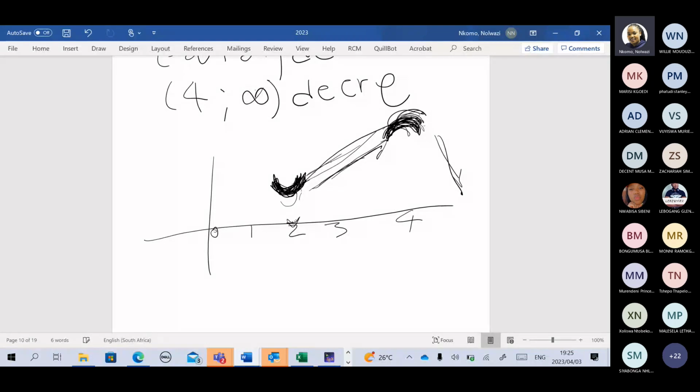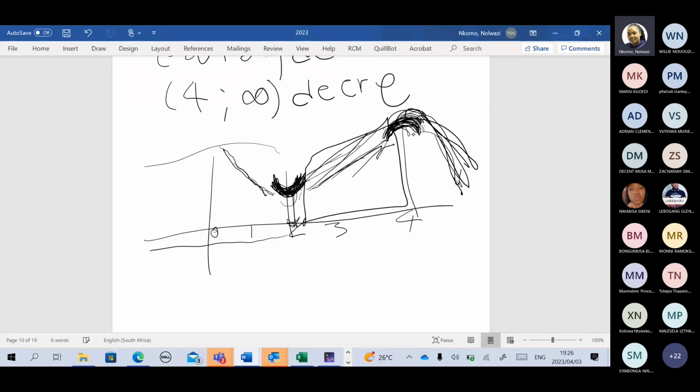If here we get to the minimum, that means we're moving from negative to positive. If this side the slope is negative, that means our graph was decreasing. And if here the slope is negative, since we are moving from positive to negative, that means the graph here is decreasing since the slope is negative.